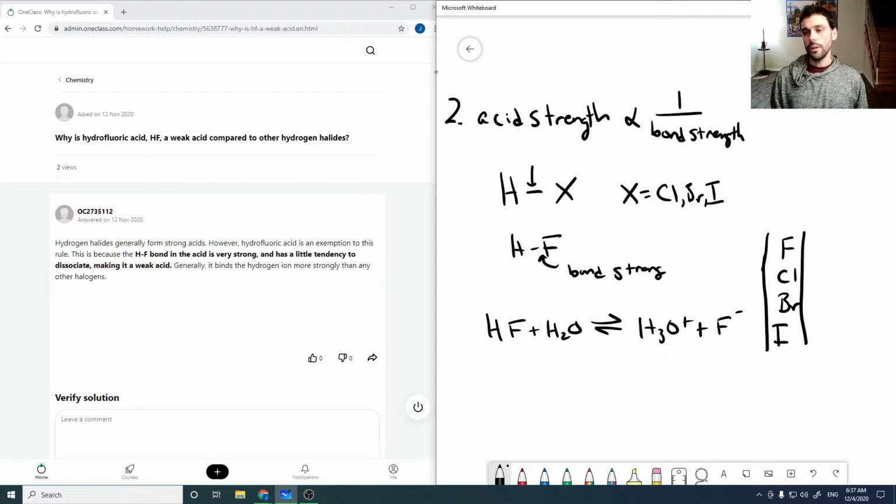So although electronegativity would actually increase this way, although fluorine is the most electronegative, which would weaken the bond, it's also the smallest, so the hydrogen can get up very close, forming a much stronger bond, while down below, these species are so large, size being the n value for the orbitals and the number of electrons.